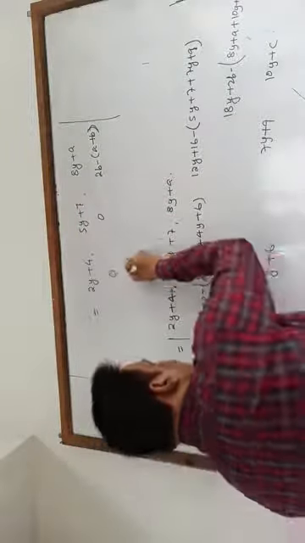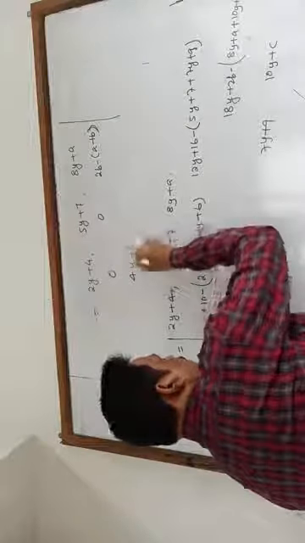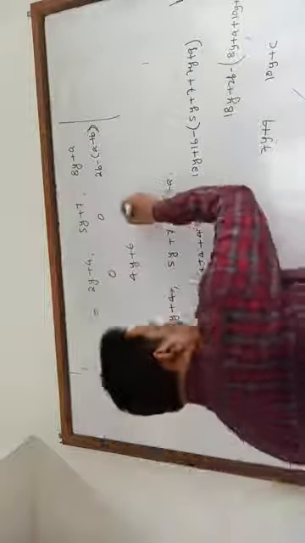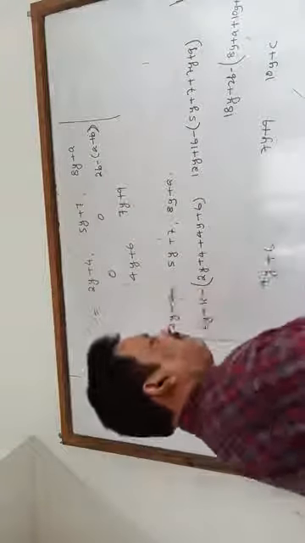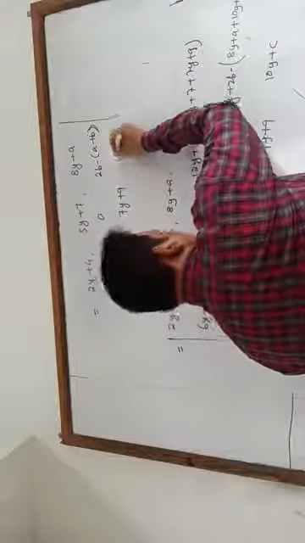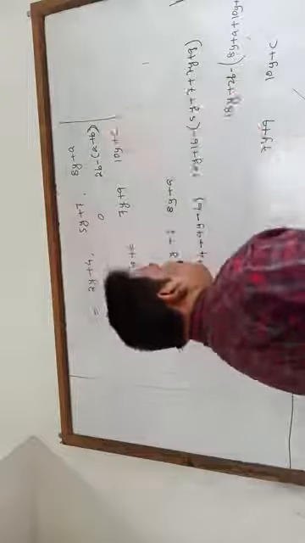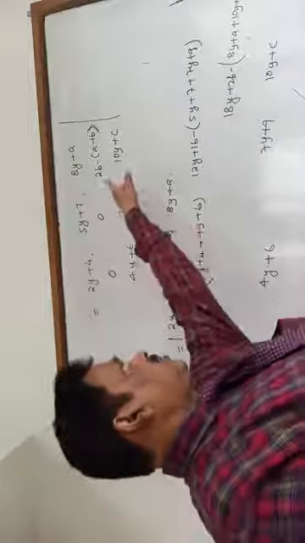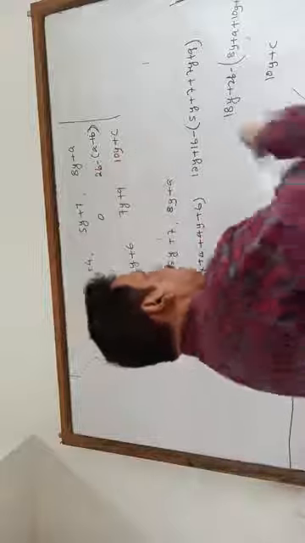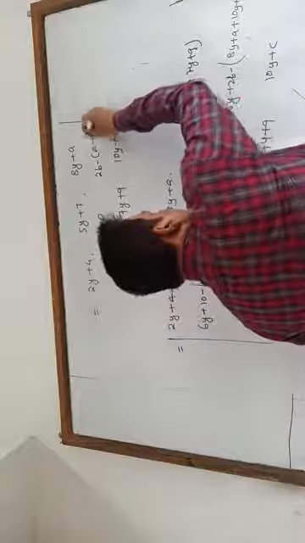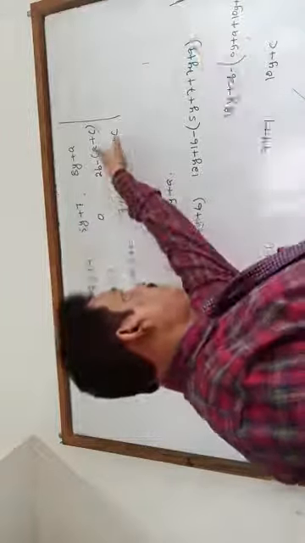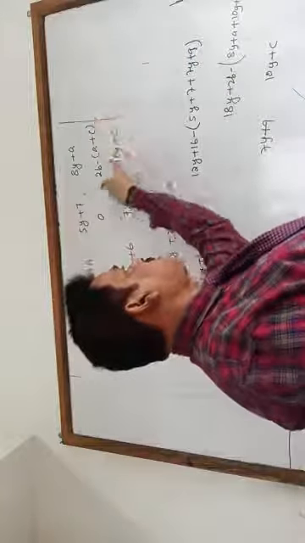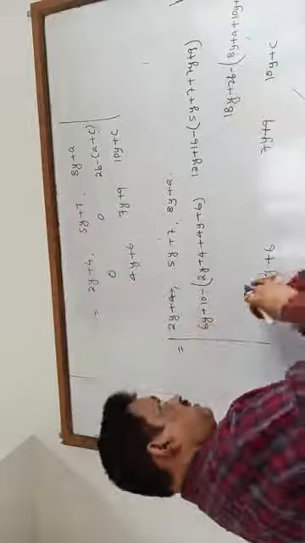Then it is 4y plus 6, 7y plus 9, 10y plus c. But already you have done 2b minus a minus c, the value is also 0 because already you have taken it earlier.